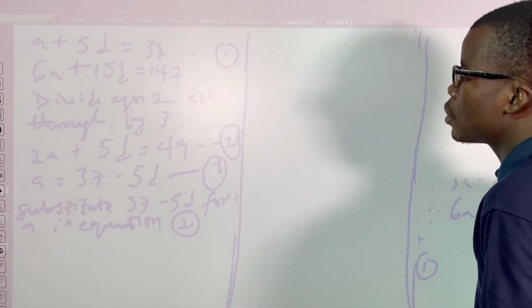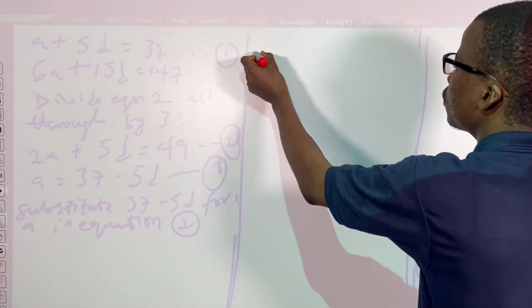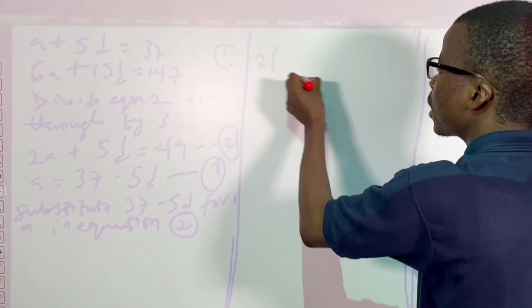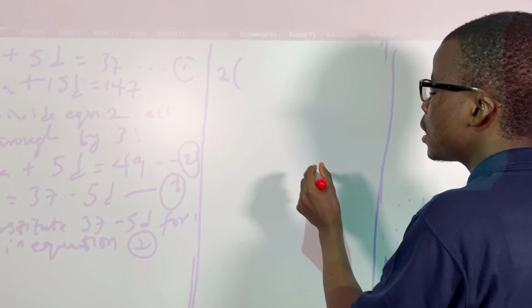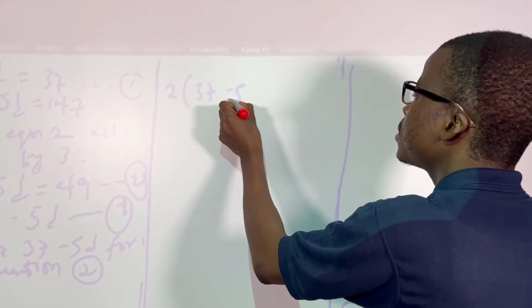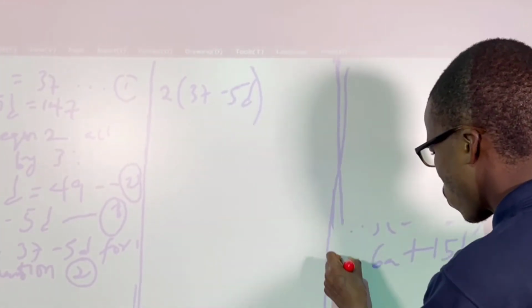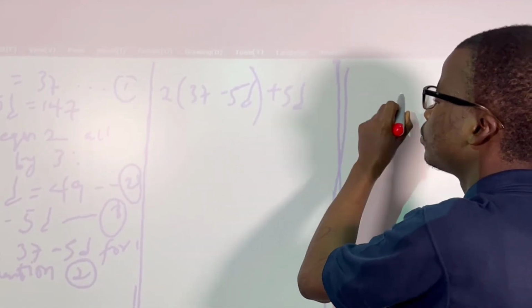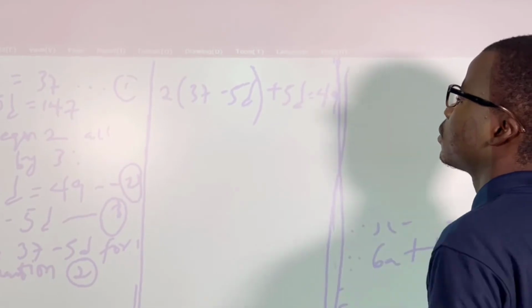So you go back to equation 2. Equation 2 is 2a plus 5d. So we have 2 into bracket a, which is going to be 37 minus 5d, plus 5d equals 49.